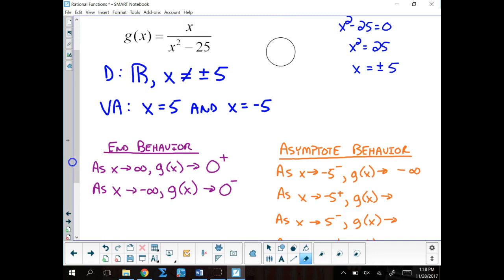Now, pick me a number close to negative 5, but on the right side. Negative 4? Okay. So that's going to be negative 4 over what?